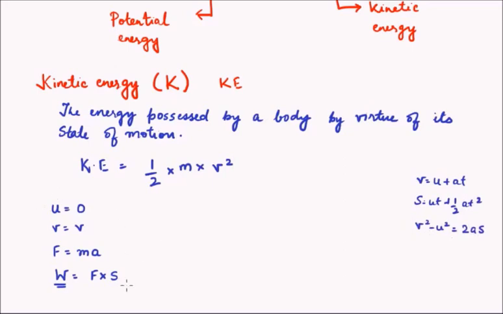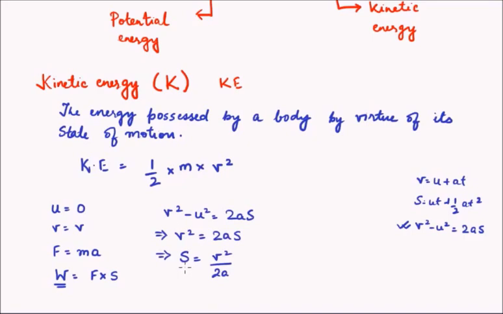In this set of variables we do not have time, so we will use the third expression. Applying v squared minus u squared = 2as, we get v squared = 2as, and as a result s = v squared by 2a.